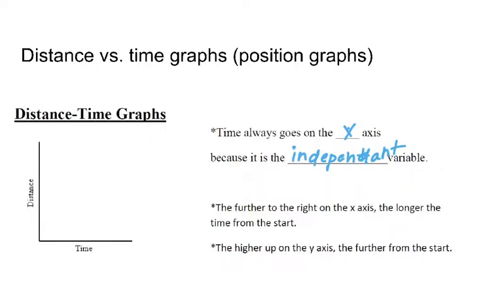So basically, this is always going to be our distance. And this point right here, 0, 0, we're going to call the reference point. It's typically the starting point. When we use a reference point, it allows us to see if something has moved or not.